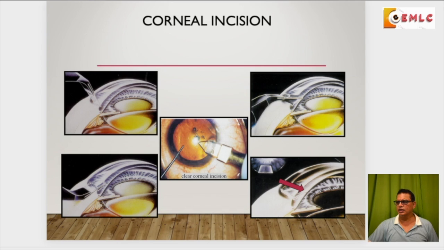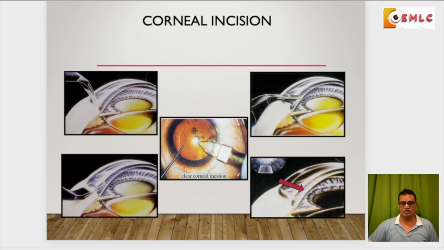Now, in a clear corneal incision, what you actually do is the same thing. You make an initial incision perpendicular to the cornea, then an incision which is parallel to the iris, and then ultimately you enter the eye with a corneal flap.